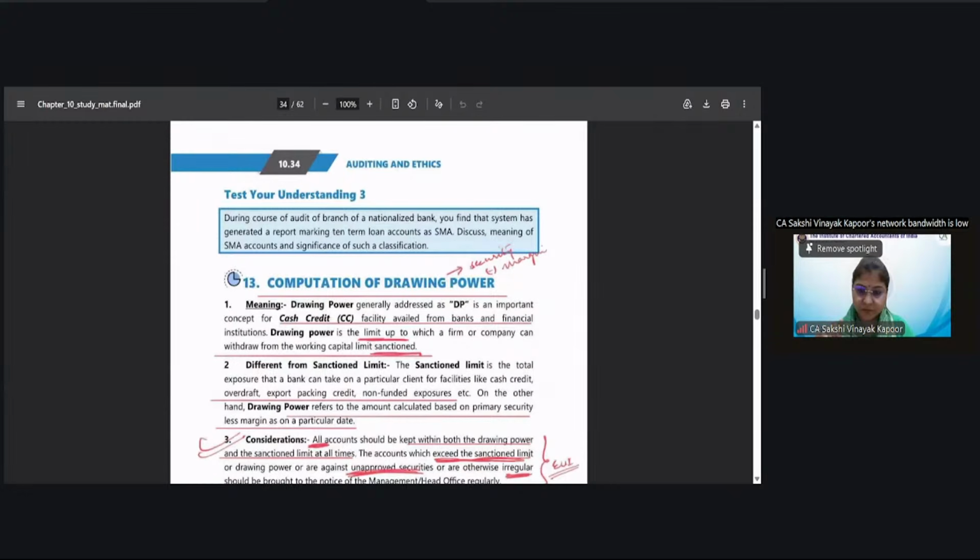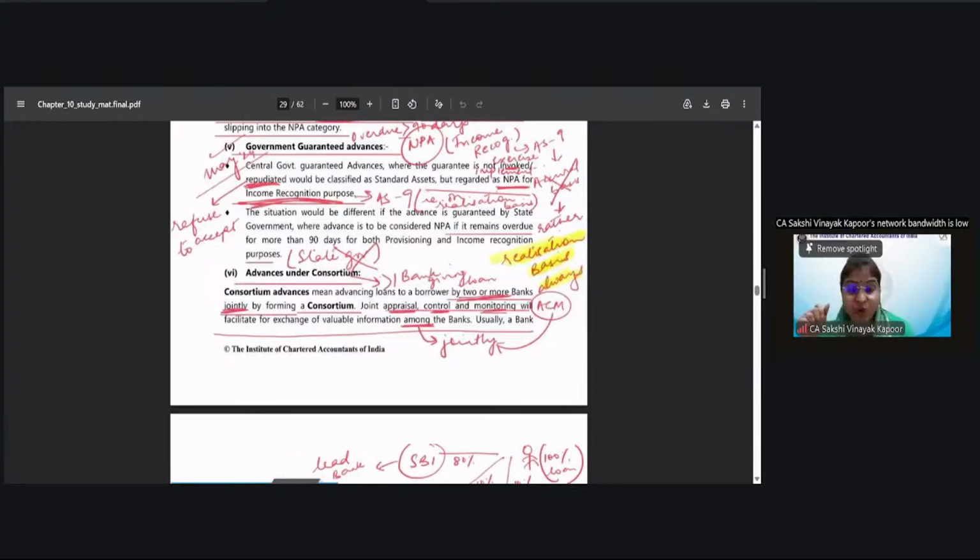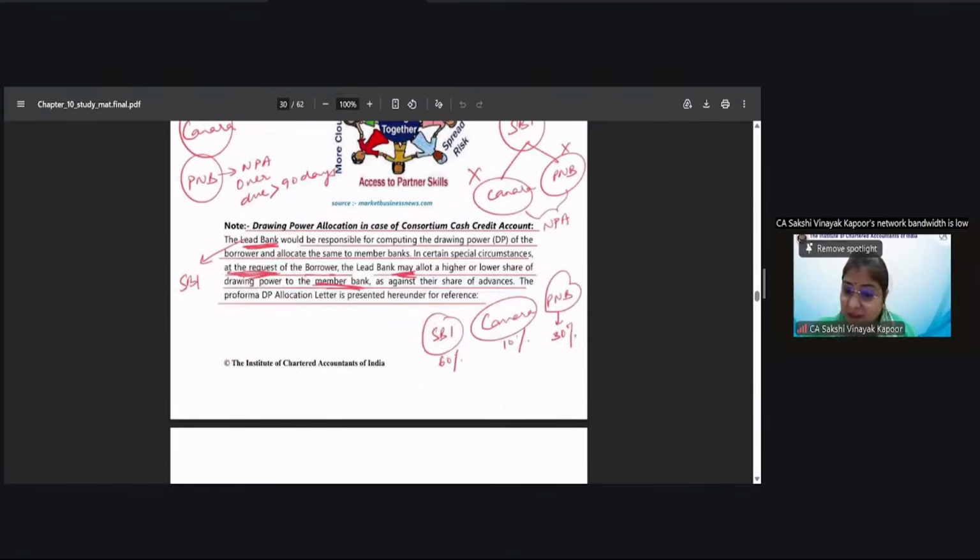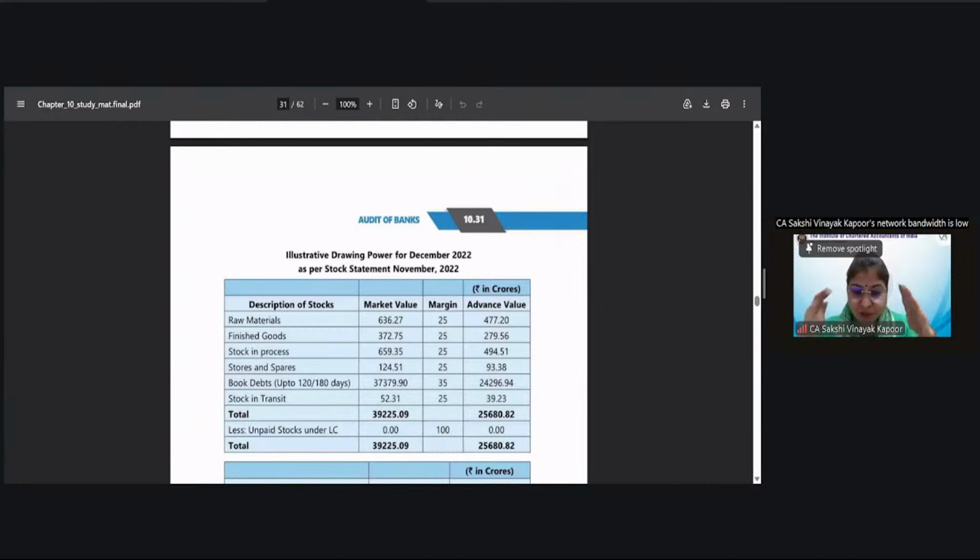There are two things. One is classifying the asset for provision, meaning you are making classification, NPA or standard. For classification, you will not classify it as NPA. But for income recognition, you will again follow the realization method only. One is setting it as NPA, and one is income recognition.